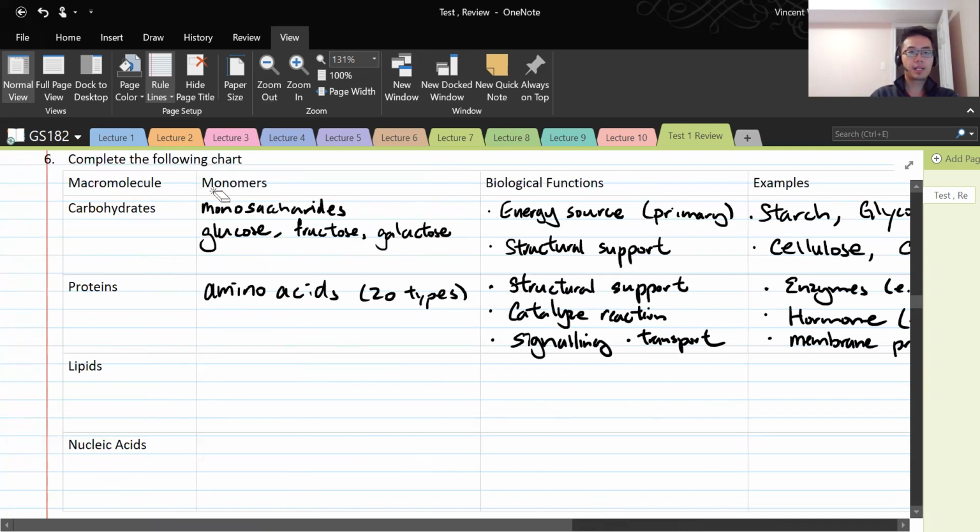Lipids, okay. Lipids are not really monomers. They're more like components, right? So we have glycerol, we have fatty acids, and then we might have a phosphate group.